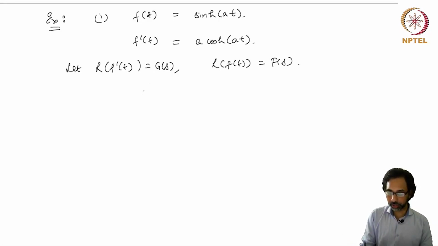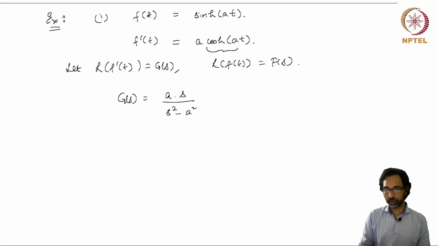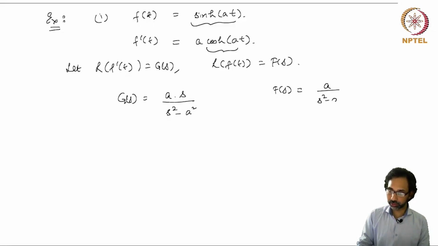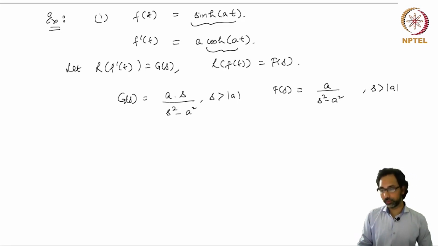Okay, now we know that G(s), from our computation of the Laplace transform of the hyperbolic cosine function, is a times s over s squared minus a squared, and we know that F(s) is nothing but the Laplace transform of the hyperbolic sine function, and this is a over s squared minus a squared. So both are valid for s greater than modulus of a.